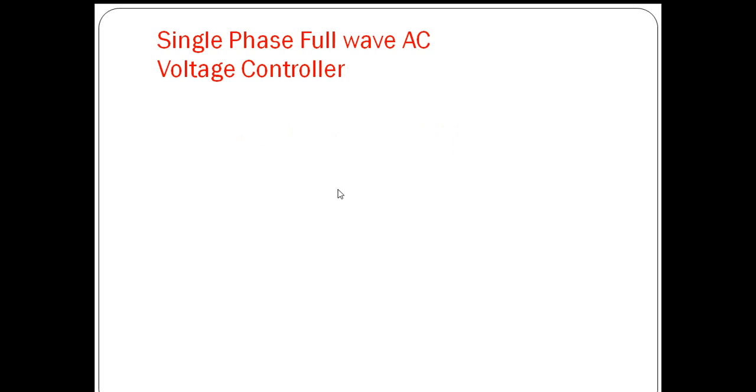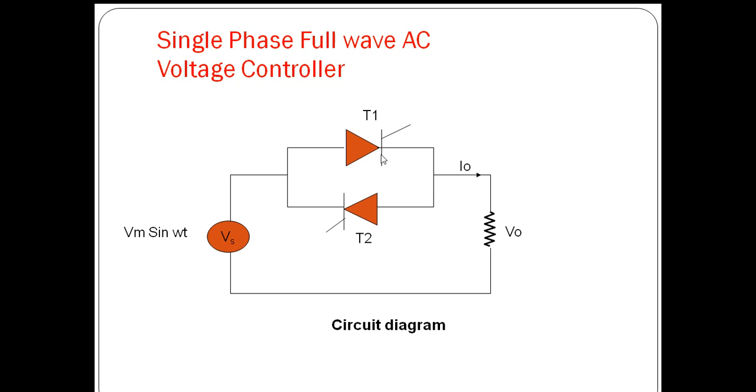Now we are going to see the operation of single phase full wave AC voltage controller. Here we have two thyristors connected in anti-parallel, this is supply voltage Vs, and here we have a resistive load. In a similar manner, the voltage across load will be V naught, and current flowing through load will be I naught.